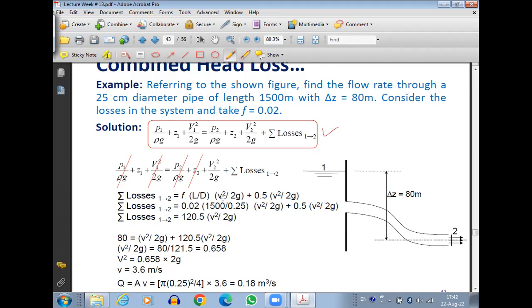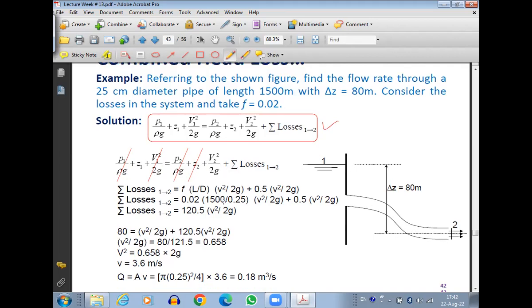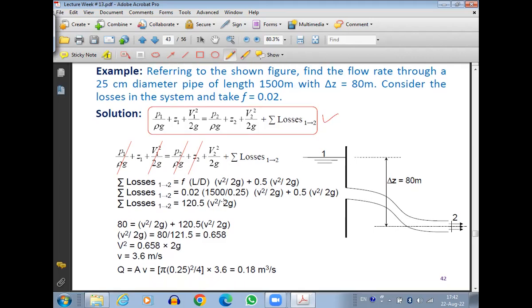Okay. So how much major losses do we have? How much minor losses do we have? Okay. So corresponding to the major and the minor losses, we are going to actually find out what the velocity in the pipe is. So this is a problem, you can go through it yourself. It's a similar problem to the way we did before. Okay.